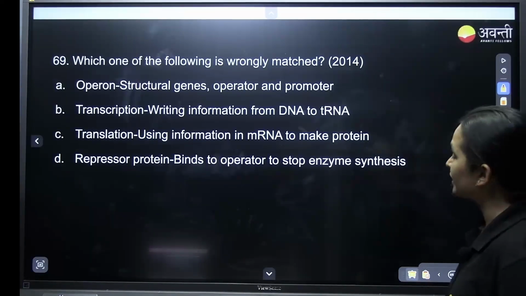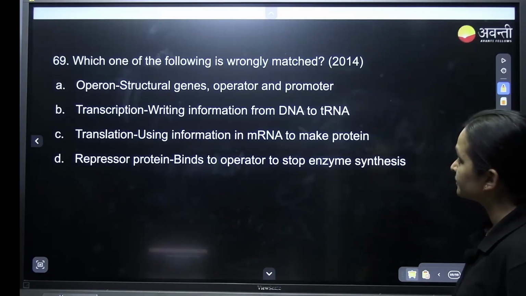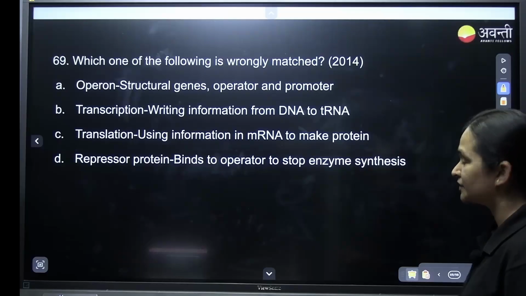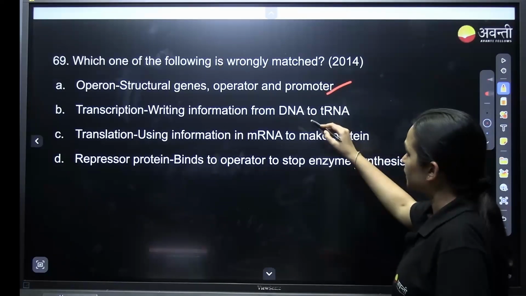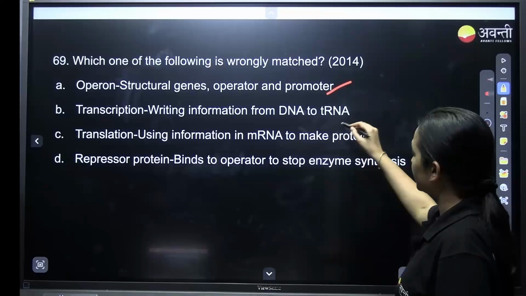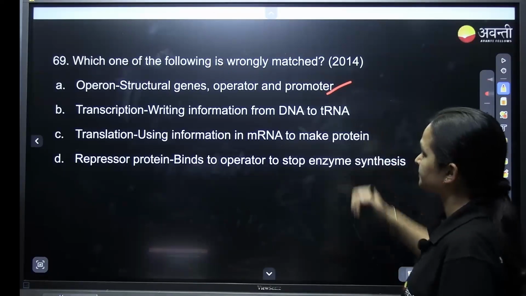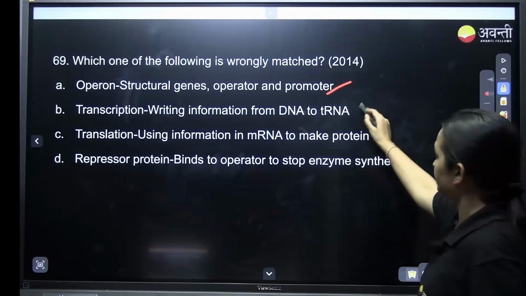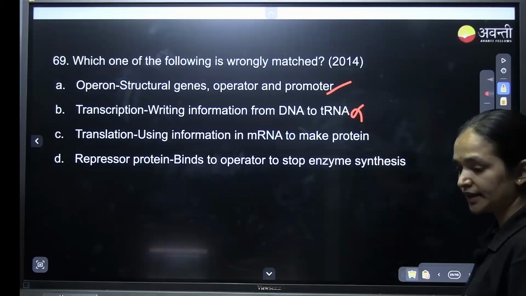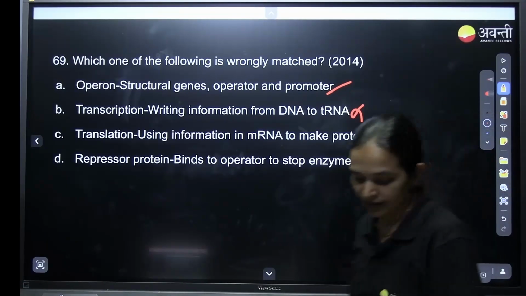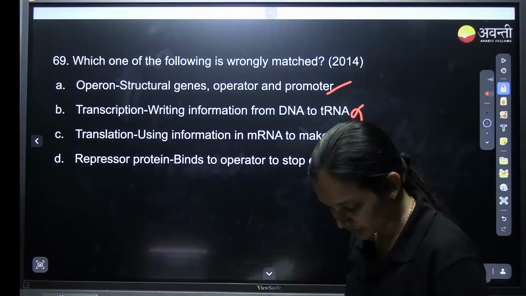Which of the following is wrongly matched? Operon, structural genes, operator and promoter. That is correct. Transcription, writing information from DNA to mRNA. Very good.